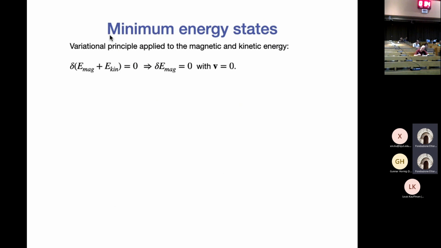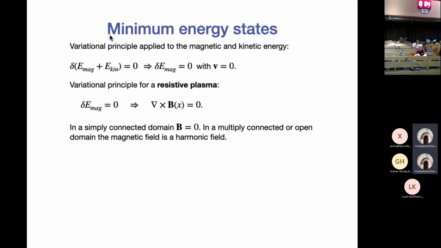Right, so minimum energy. Which states do we reach with our relaxation? We want to find the minimum energy states of the magnetic and the kinetic energy. We can set the velocity to 0, that minimizes already the kinetic energy, and then apply a variational principle to the magnetic energy.